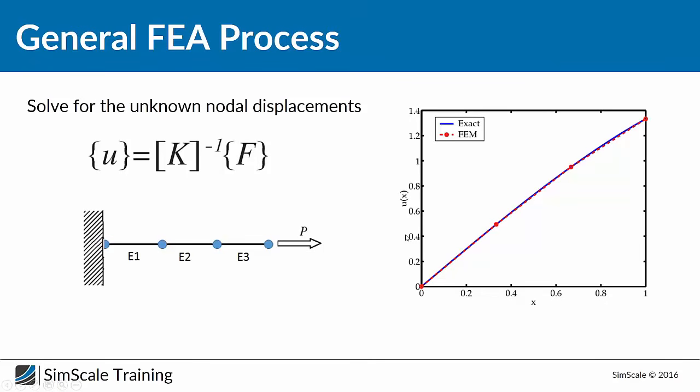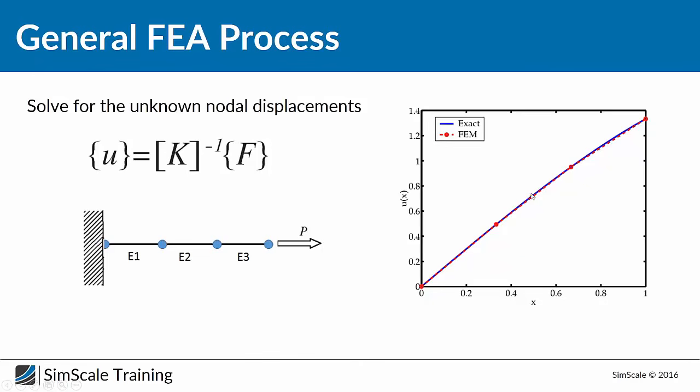And the very good thing about this simple example is that we can do both here. We can calculate the exact analytic solution as well as the finite element solution. And here you can see the comparison. So in blue, you can see the exact solution, which you can calculate for this very simple case. And in red, you see the numerical solution of the finite element analysis.